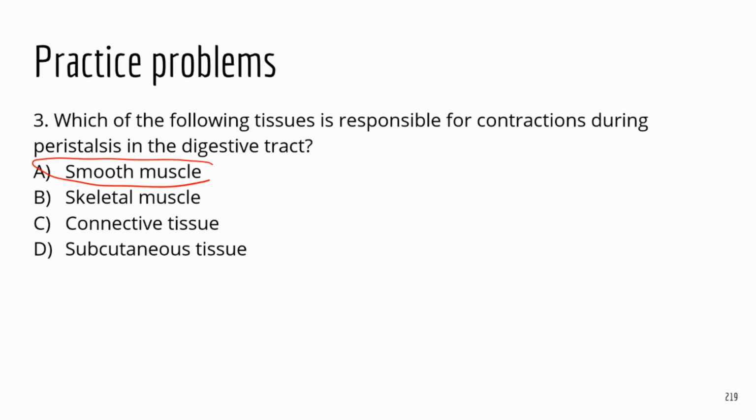So skeletal muscles are a lot stronger and their contractions are stronger. But in the digestive tract or in your urinary tract, you don't want that much force, right? That will be very painful. So you want some kind of slow, more mild muscle movement. So that's generated by smooth muscle.